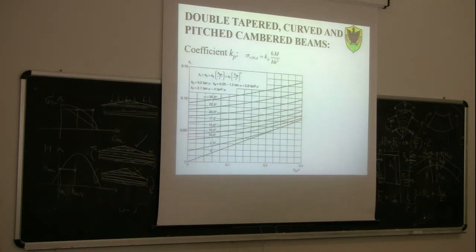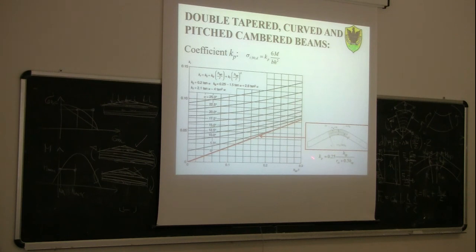In this case we have a number of curves. If you have a curve B, the relationship is Kp equal to 0.25 times HAP over R. It's the relationship that we derived before.